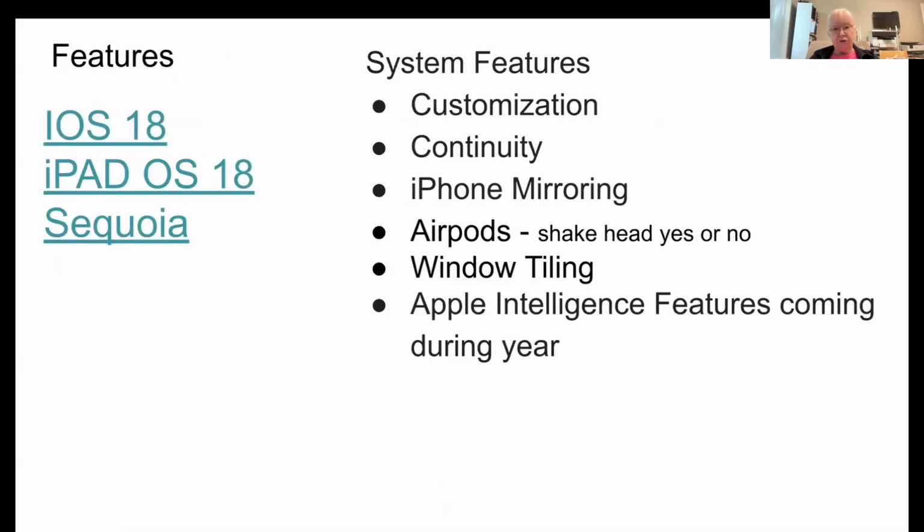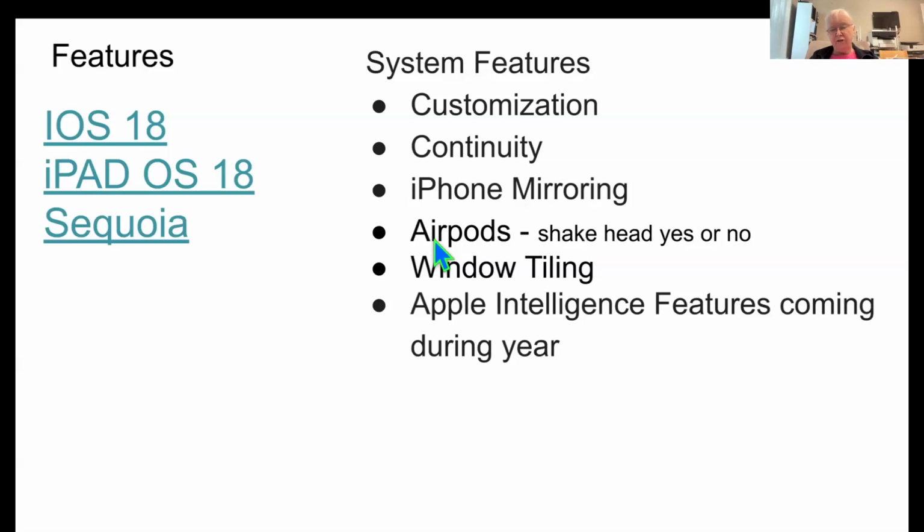Some of the new features I'm going to be talking about: I'm going to do some of the system features, and Anne's going to talk about the apps. Some of the things I'm going to be talking about are customization, continuity, iPhone mirroring, which is really neat, although I don't think I can make it work on Zoom.